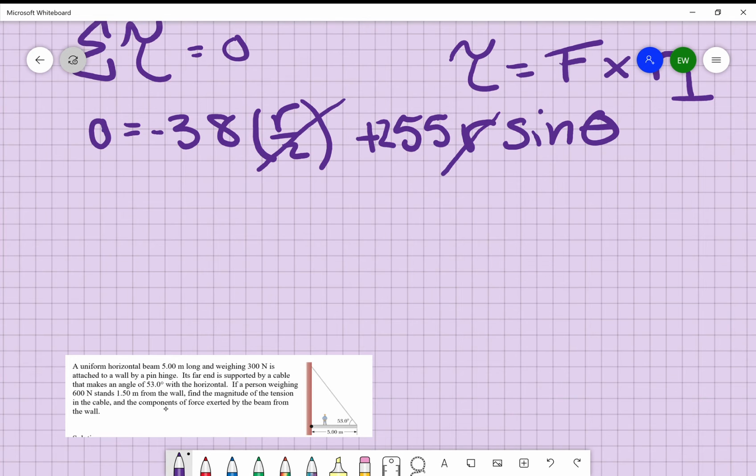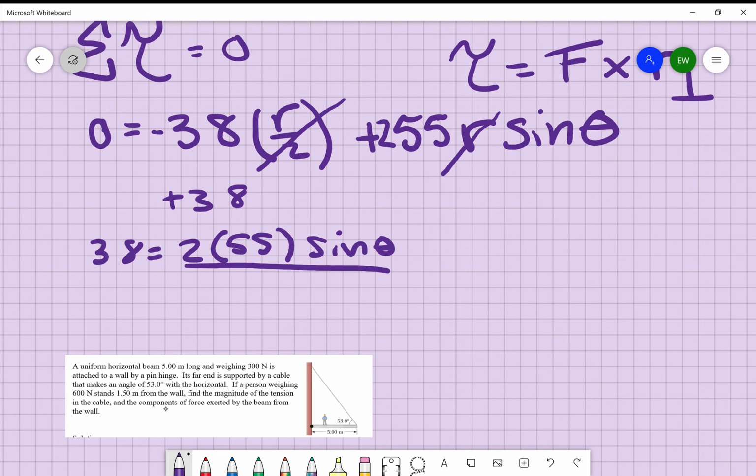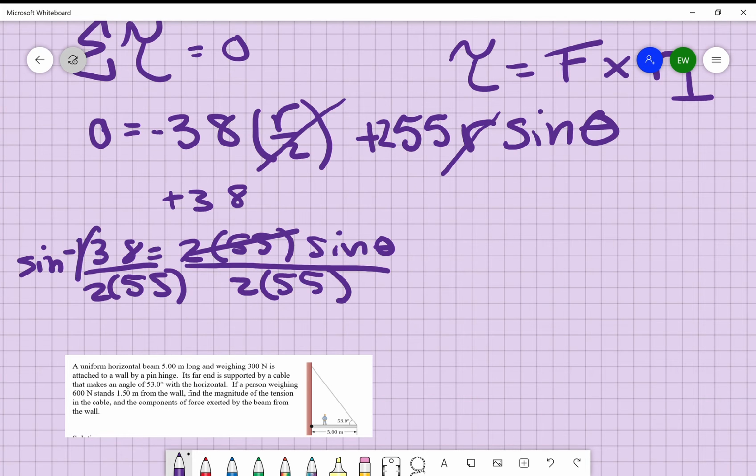Okay? Then I'm going to add 38 to both sides. So 38 equals 2 times 55 times the sine of theta. And divide by 2 times 55. And then I'm going to take the inverse sine of this, so sine inverse to solve for an angle.